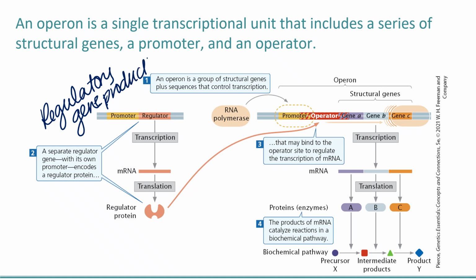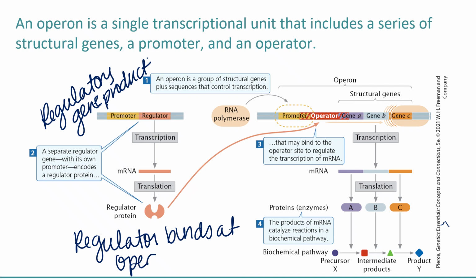So we have that second gene, that regulator gene. That regulator gene is transcribed and translated into a regulator protein. Now, this regulator protein, the second protein's job is to bind to this operator. And when this regulator binds, it controls gene expression.